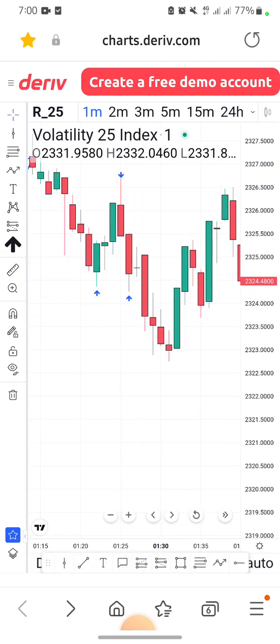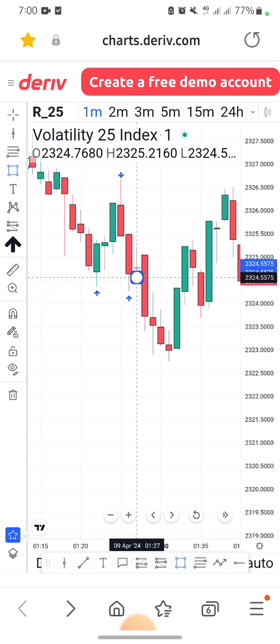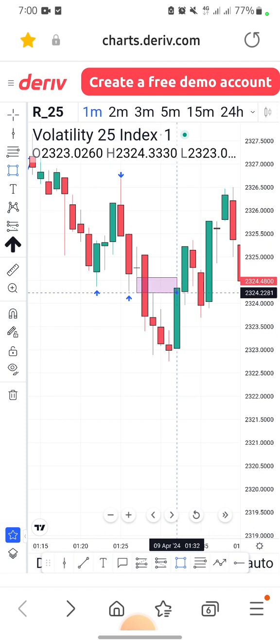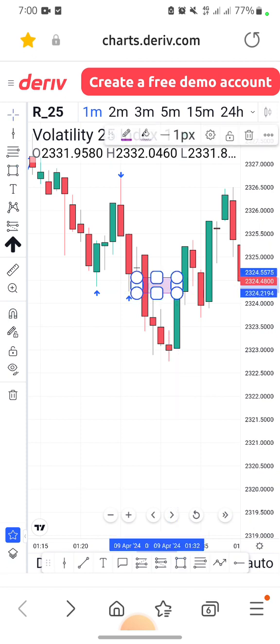The first short-term low was broken without displacement, and the second short-term low was broken with displacement, and that displacement housed an imbalance. As you can see, that was an imbalance.